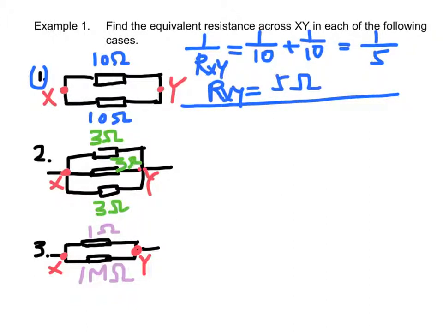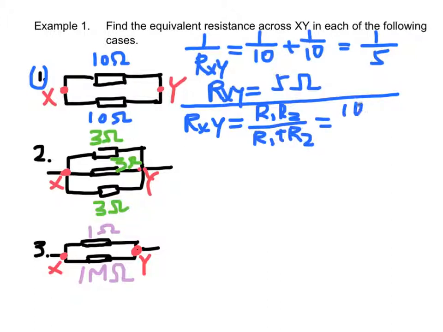Another method is Rxy equal to the product of the resistances over the sum of the resistances, which is equal to 10 times 10 over 10 plus 10, which is again equal to 5 ohms.